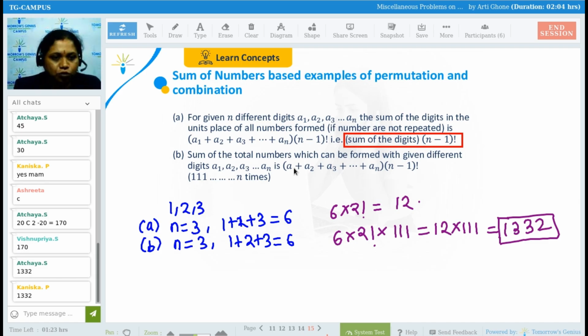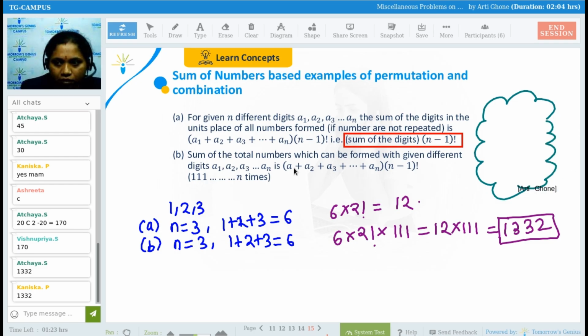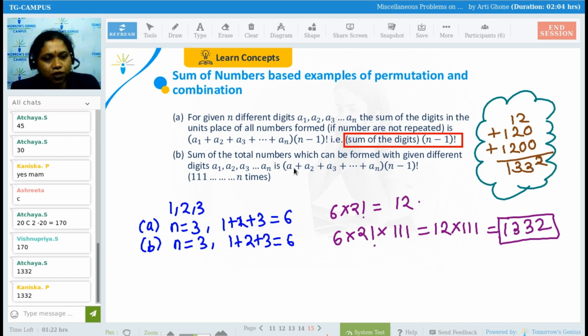What is that shortcut when you are multiplying any number by 111? If you want to avoid mistakes in the multiplication, it is nothing but the addition of 12, 3 times you are supposed to take it. 12 plus 120 plus 1200. So here it is 2331. Clear? So instead of multiplication you can do the summation method also, because it's 111. This is a trick to multiply. Got it?